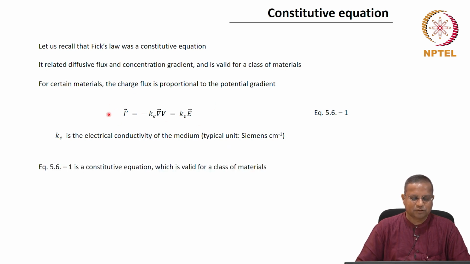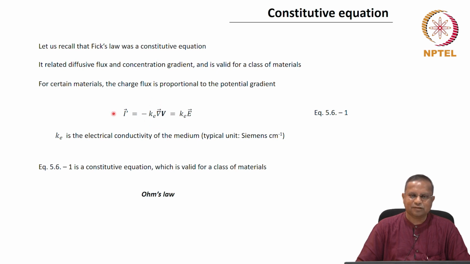This equation is a constitutive equation which is valid for a class of materials, and this is nothing but Ohm's law. The current is directly proportional to the potential gradient divided by the resistance, or 1 by the resistance is nothing but the conductance.